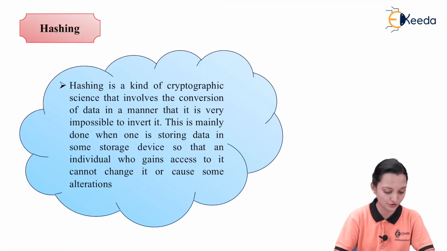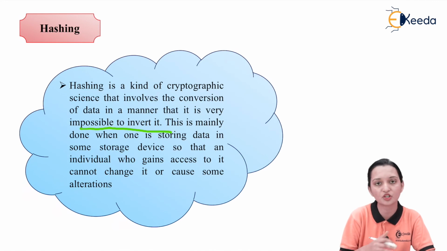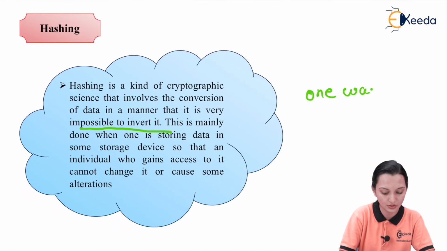The next one is hashing. Hashing is a kind of cryptographic science that involves the conversion of data in a manner that is practically impossible to invert. This plays a very important role. That means encryption is possible, but decryption is never possible. This is known as one-way communication.